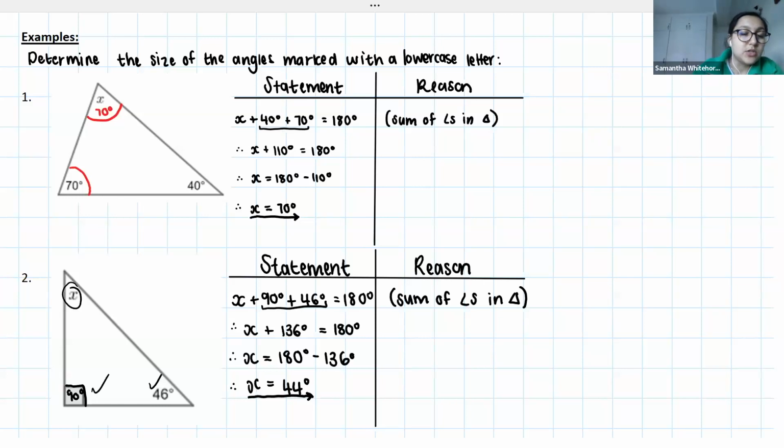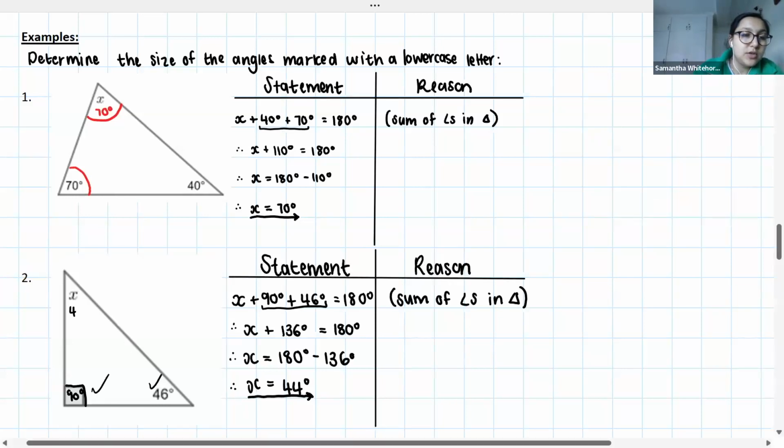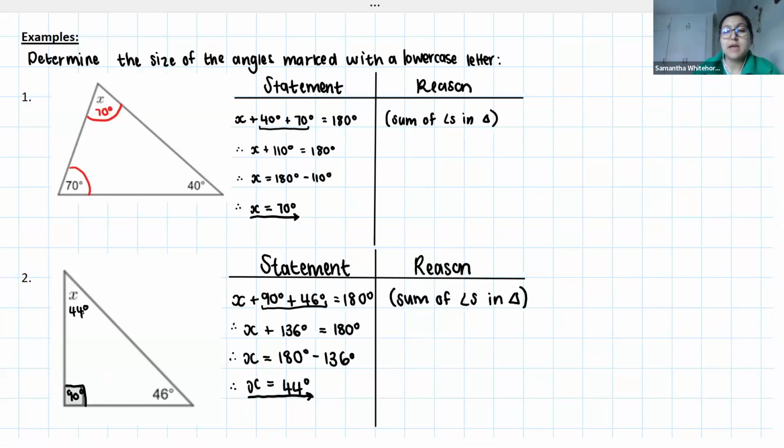Now again, grade 8, I told you how to check it. Now that you know it's 44, quickly on your calculator, go and add 90 plus 44 plus 46. Make sure that you do get 180 degrees. If you substitute it in, you do, so it is correct. But there is a way to check yourself when you know what the sum should be.